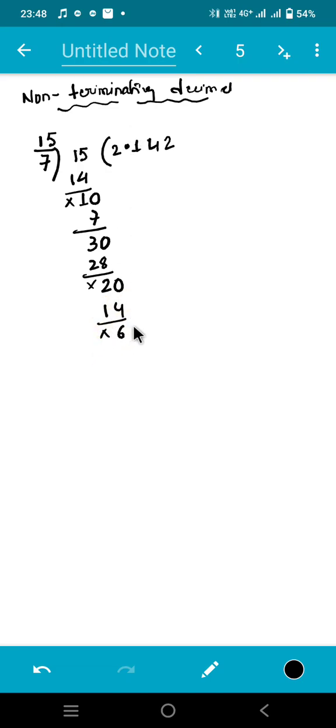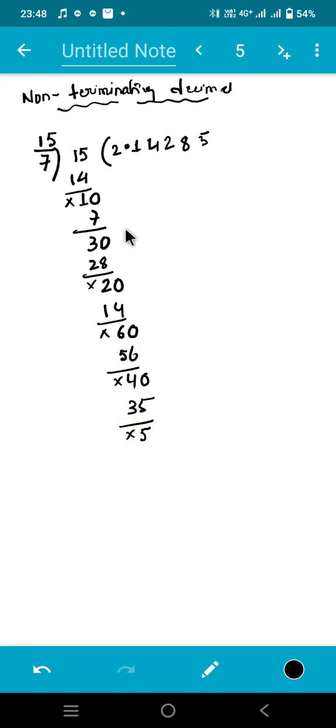Again for this decimal, we'll put 0 here. 7 sevens are 49, 7 eights are 56. Yes, 7 eights are 56. Now again you will get 4. Again for this decimal, we'll put 1 0. So 7 6s are 42, 7 5s are 35. Let me write it down. 7 5s are 35. Now I will get 5.